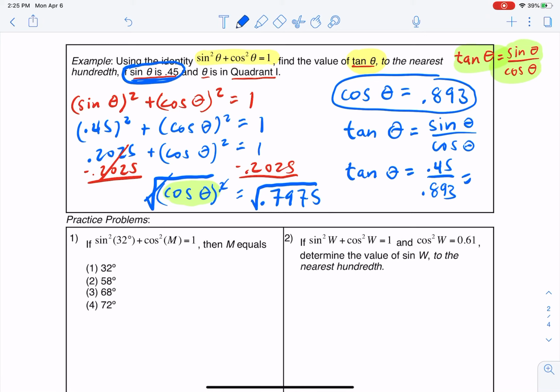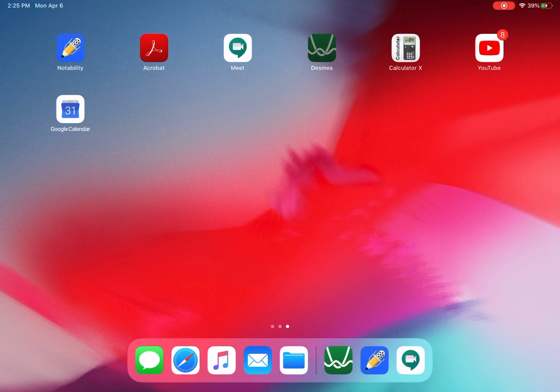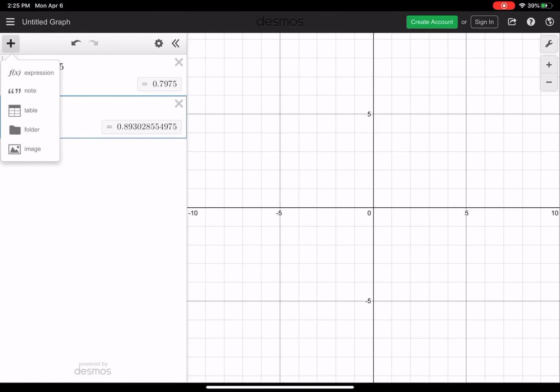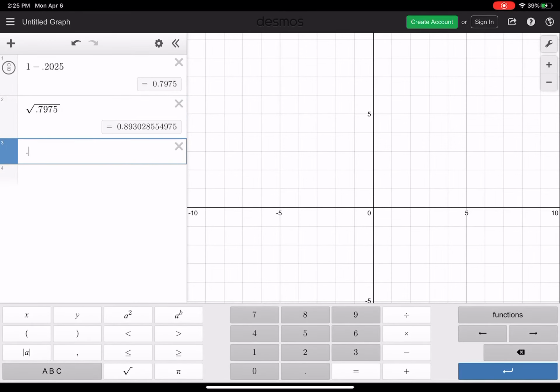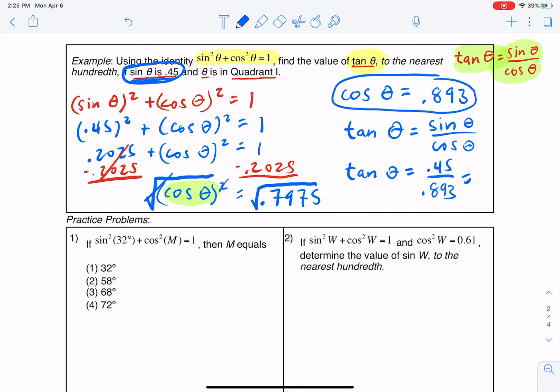And now we'll actually divide that. And that's equal to 0.503. We're supposed to round here to the nearest hundredth. So just 0.50 is sufficient. And this is really my final answer.